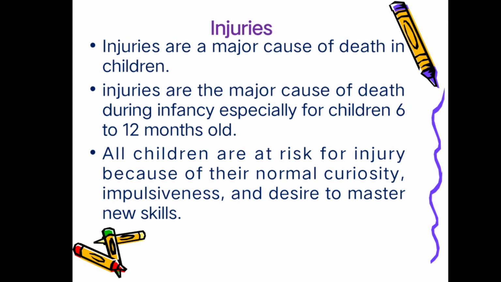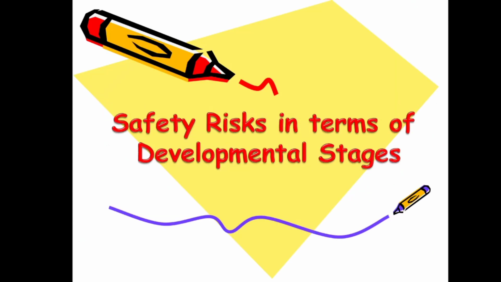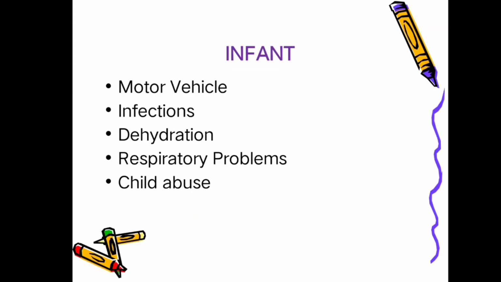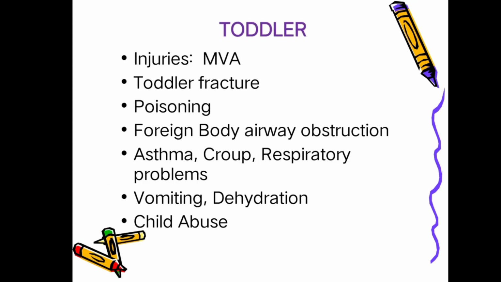Next, we will be seeing the safety risks in terms of developmental stages. For each and every stage, there are some risk factors. In infants, the majority of the causes are motor vehicle accidents, infections, dehydration in the infancy period, respiratory problems due to low immunity, and child abuse.